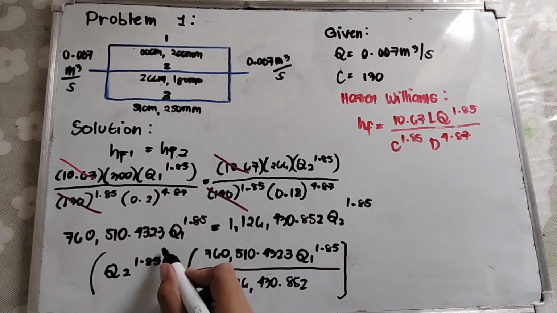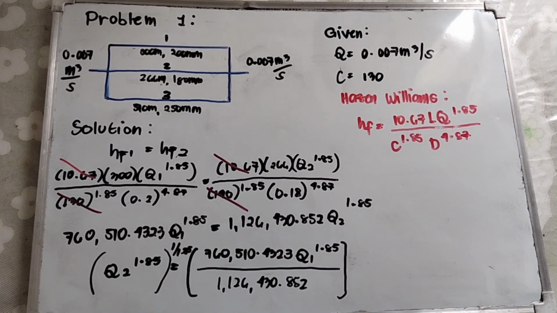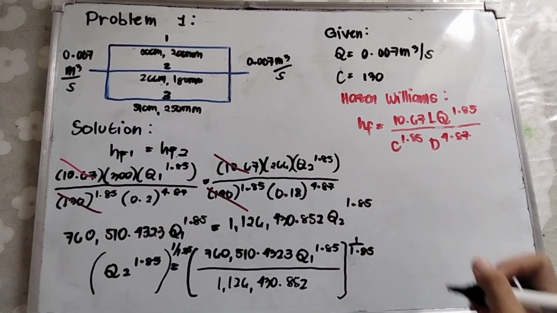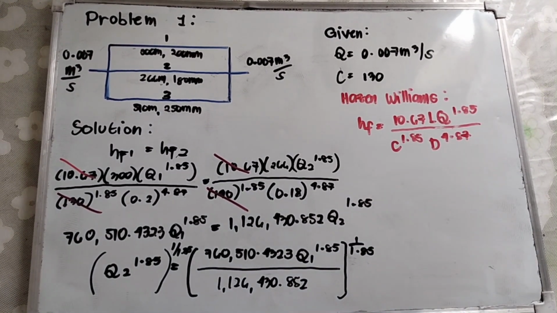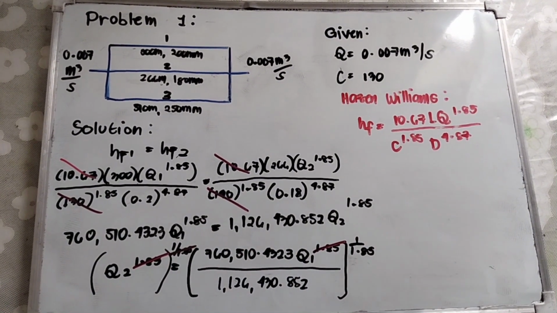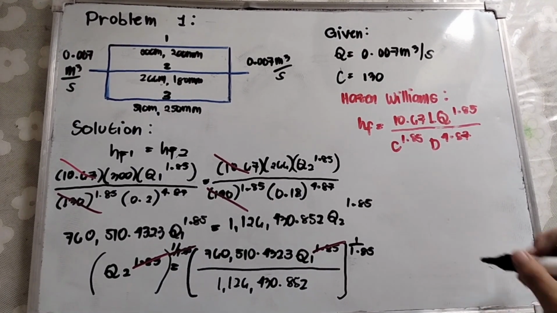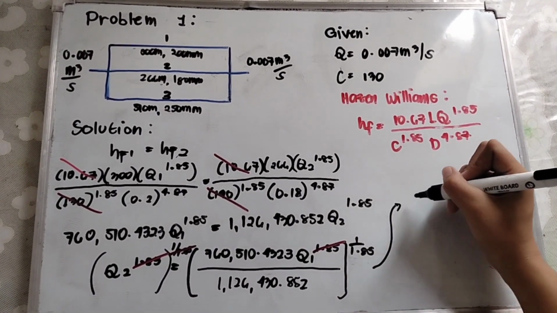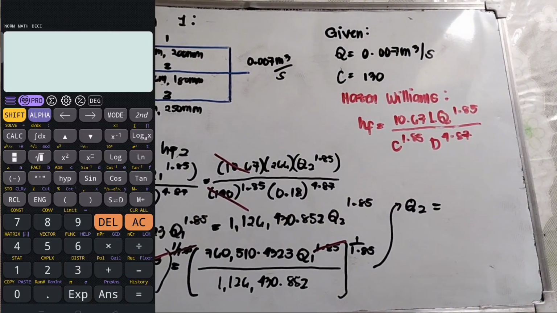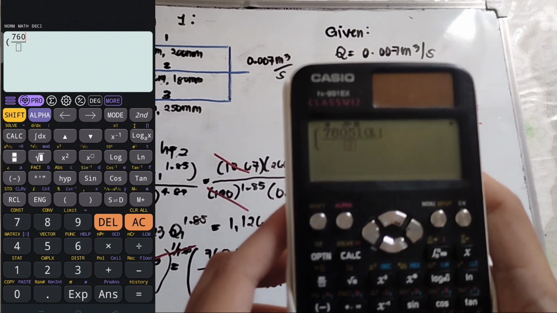To cancel out 1.85, we just need to multiply both sides by the exponent of 1 over 1.85. So now we have an equation of Q sub 2 is equal to 760,510.4323 over 1,126,430.852 raised to 1 over 1.85 times Q sub 1.